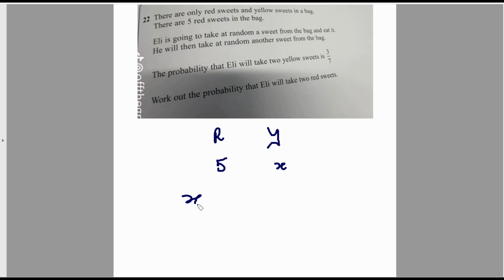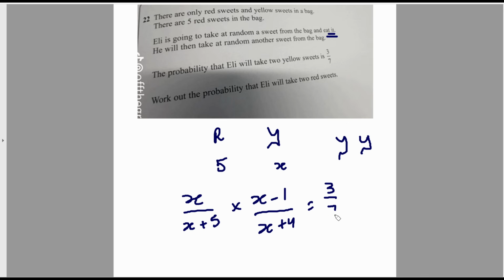So it's x over the total, which is x add 5, times, because it's yellow yellow, and because he eats it, he doesn't put it back, so it's going to be 1 less over x add 4, which is supposed to be equal to 3 over 7.